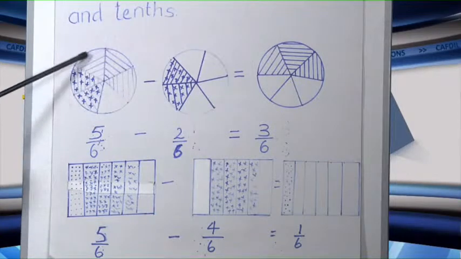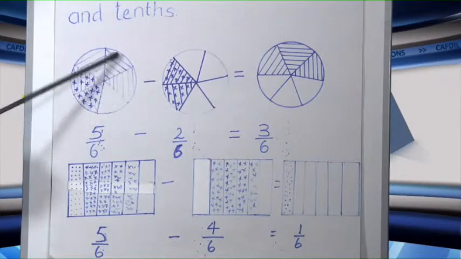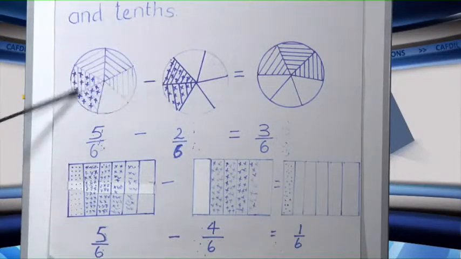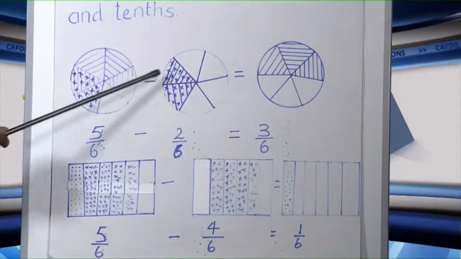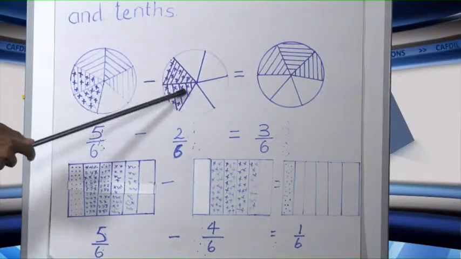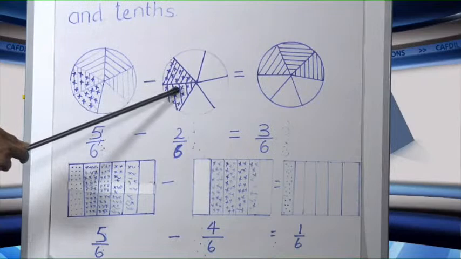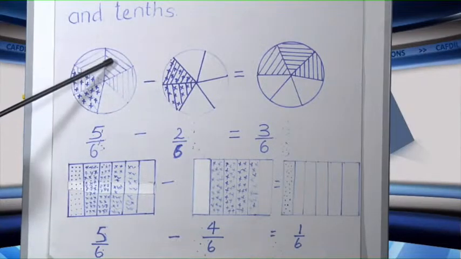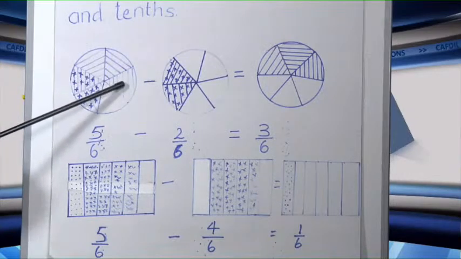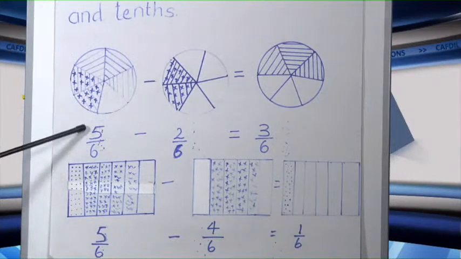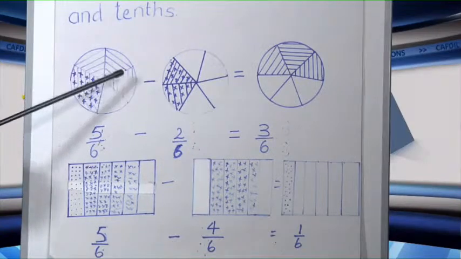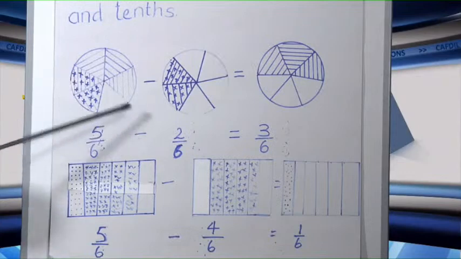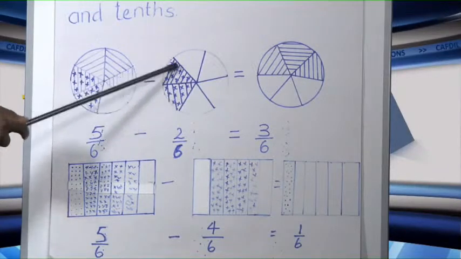So if you have the whole part shaded, and this part which is here is taken out, we take this out. Here it is. How many parts will be left? 1, yes, 2, 3, and so 5/6, representing the shaded part, minus this part made up of 2.